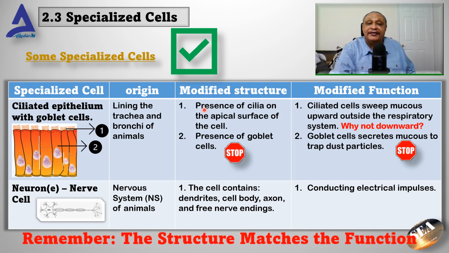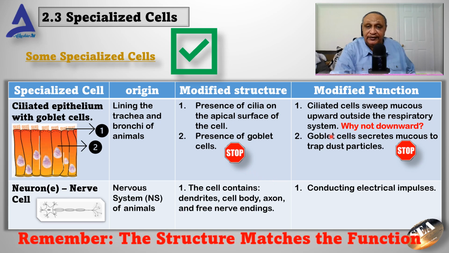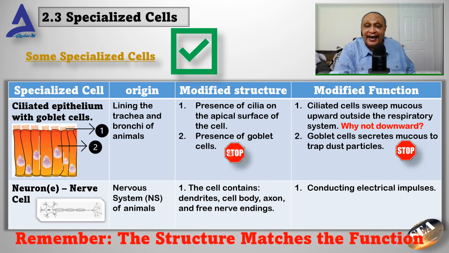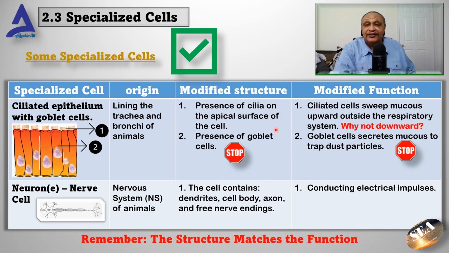So why is this modification of structure important? Because they have to do a specific function. The ciliated cells sweep mucus upward outside the respiratory system.